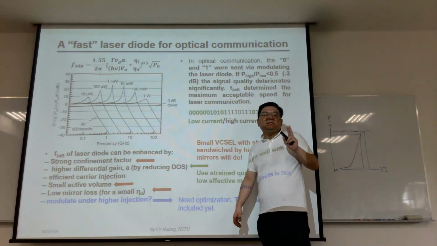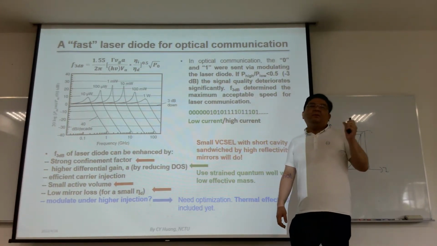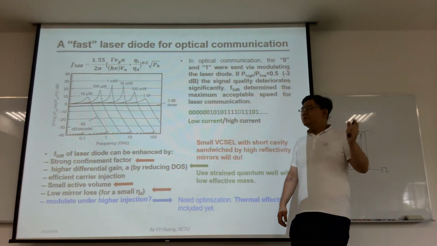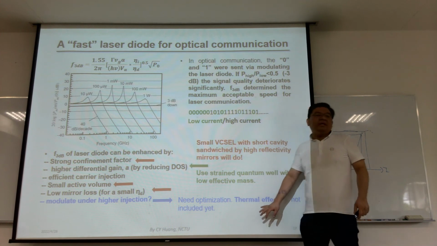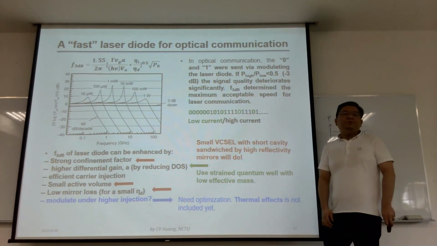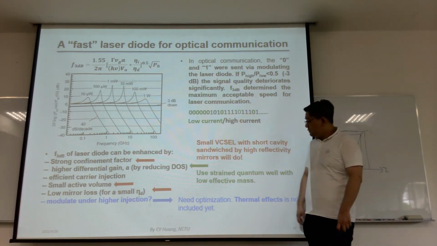Now we can consider two kinds of lasers we commonly see. One is the edge emitting laser. One is the VCSEL. While we are trying to make a telecommunication laser, which might be a better candidate?